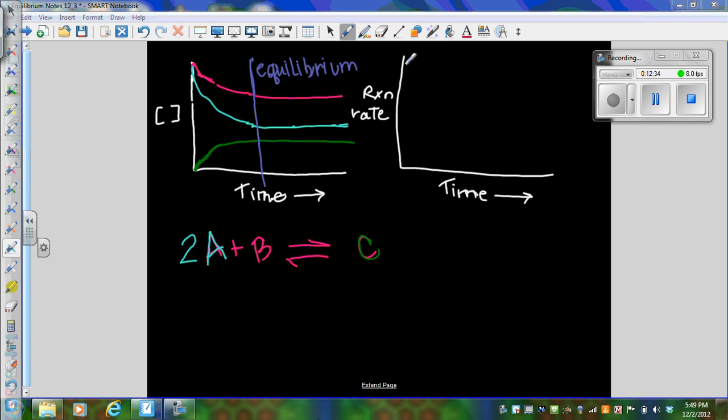So A is a reactant. It's going to be decreasing over time. Let me change that and make it look more like it actually should.